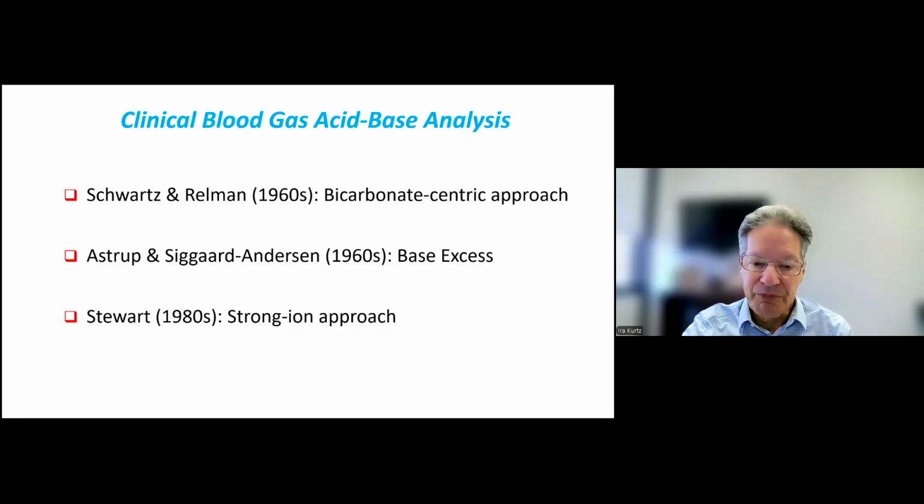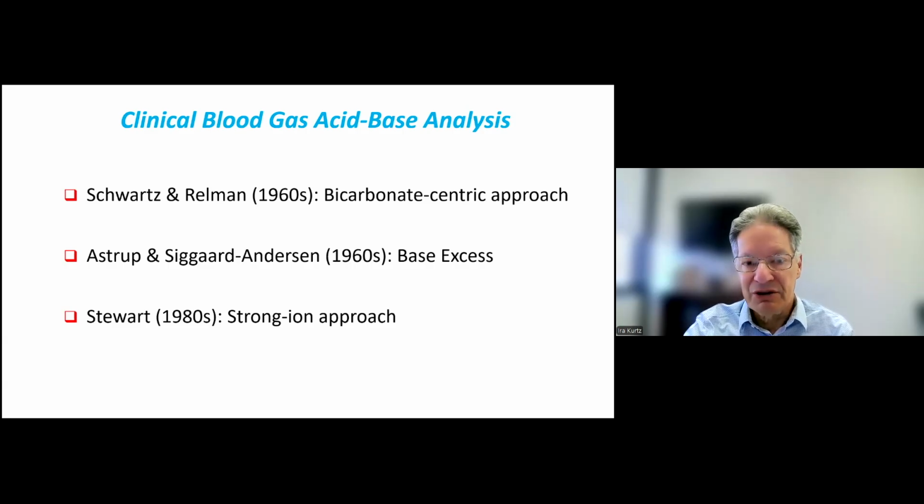There are pros and cons with this approach, which is why it never caught on with most clinicians in the United States. And then there's the Stewart approach, also called the strong ion approach, that developed in the 1980s. This has been accepted by a number of nephrologists, mostly in Europe, and ICU people.